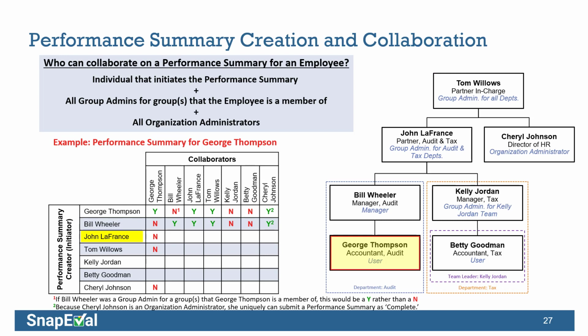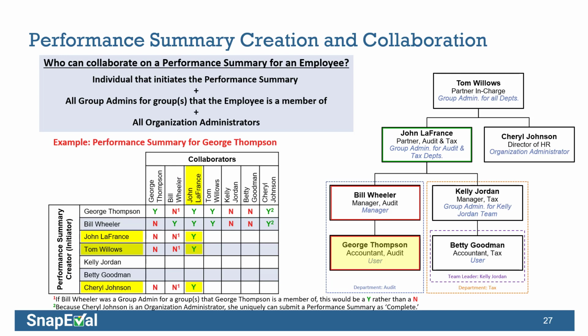Now, if John LaFrance, Tom Willows, or Cheryl Johnson initiate the performance appraisal, essentially George cannot participate. He's not allowed to see that. He's not allowed to collaborate in that process. Bill Wheeler also cannot collaborate in that process because he's not a group administrator, so he's not allowed to be a participant.